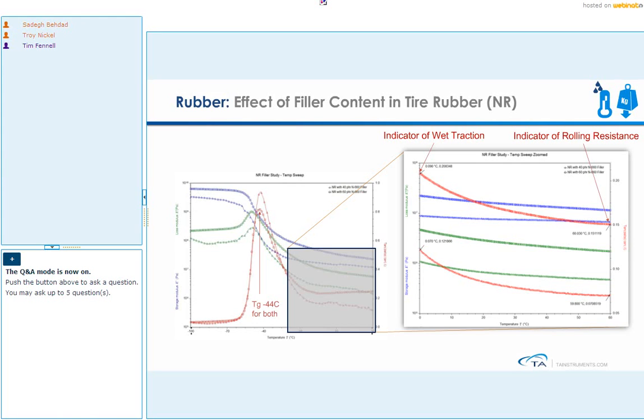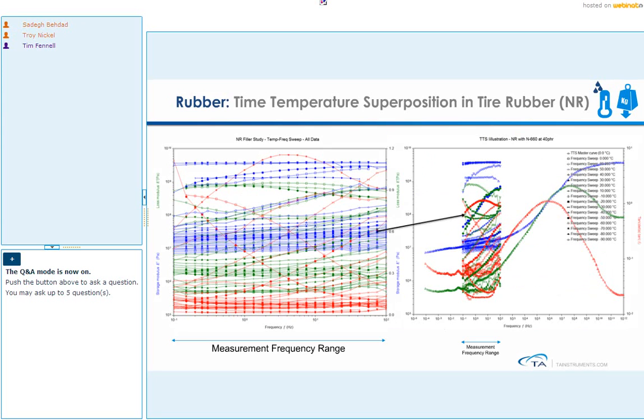Another example of a test that you can do with a DMA on your rubbers is time temperature superposition. So this is a really powerful technique because it allows you to expand or extend the data that you are generating over a certain range of frequency to much lower or much higher frequencies.